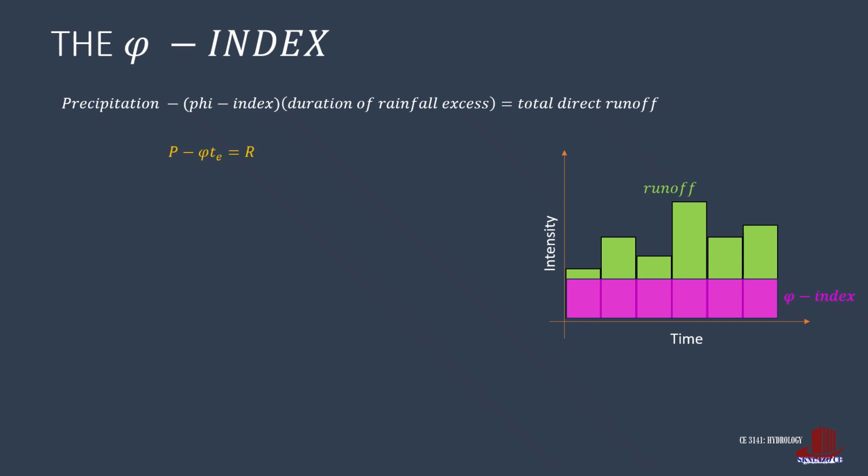This is written as P minus Phi times T is equal to R. By transposing R and Phi times T to the opposite sides, then dividing the expression by the time, we take the Phi index as the difference of the precipitation and runoff all over the duration, or that is P minus R over T. And since there are different entries at various times, we can write the runoff as the summation of P minus Phi times the duration.